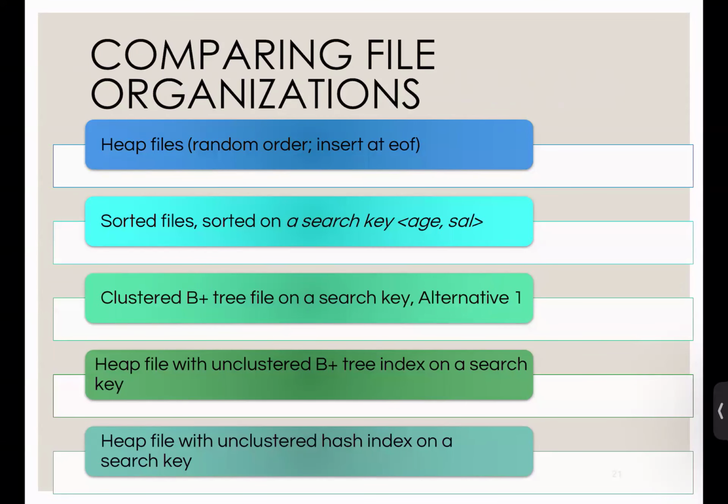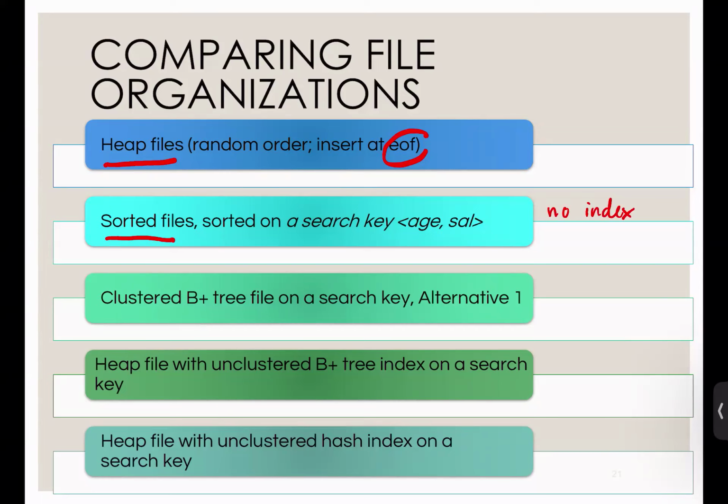Okay, and for file organization, we have 5 variations. The first one is a heap file, which we know is an unordered file. Whenever we try to insert something, we insert at EOF. What is EOF? End of file. We insert at the end, appending at the end. The second organization is a sorted file. In sorted files, we assume that there is no index available.